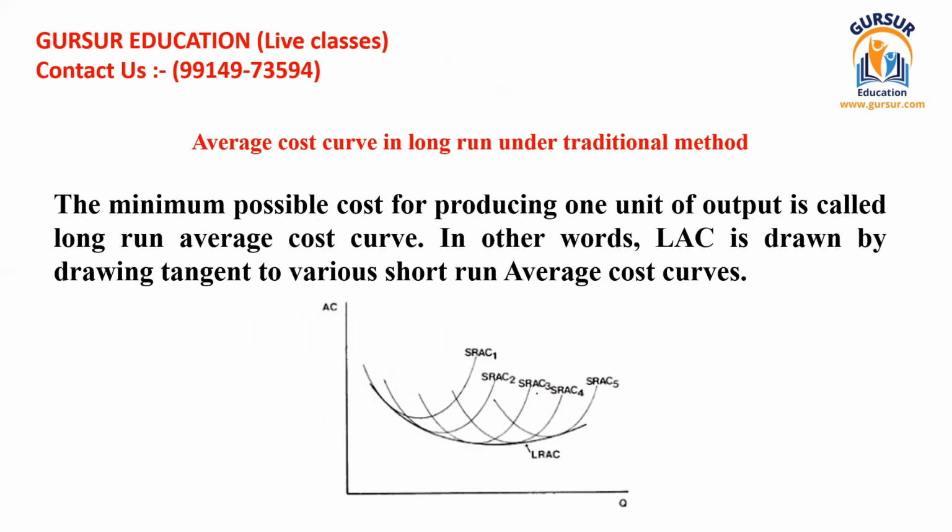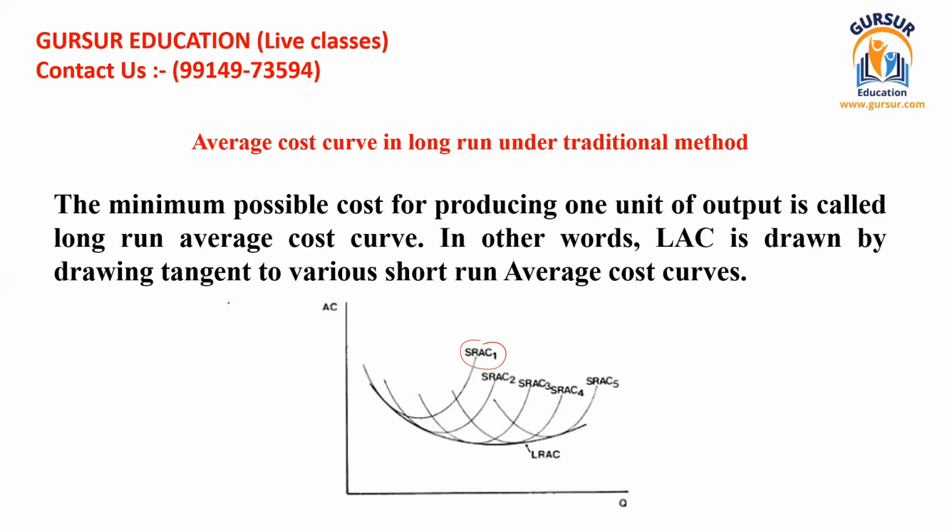So this is the long run average cost curve. You can see that if there are different short run average cost curves, these are all covered by the long run average cost curve. So the long run average cost curve is flatter than the short run average cost curve.